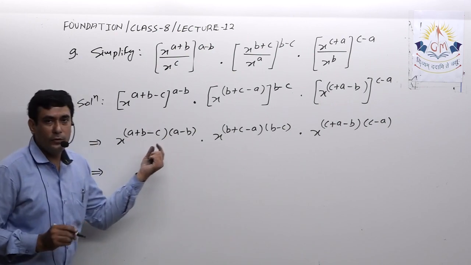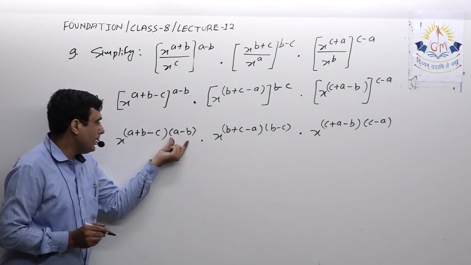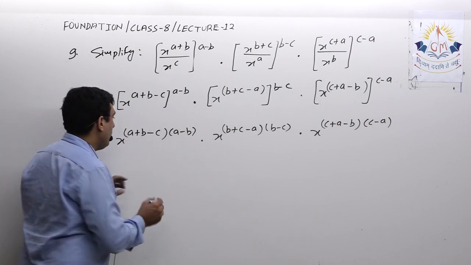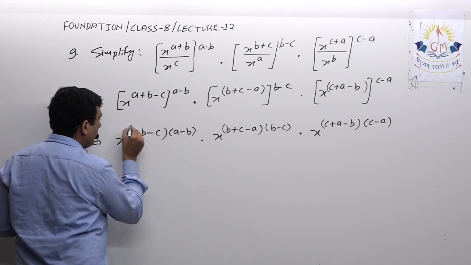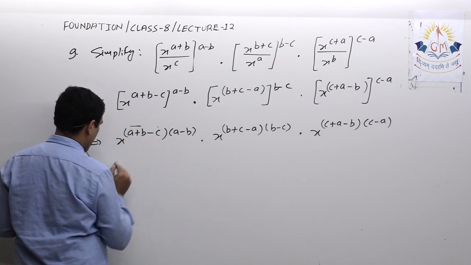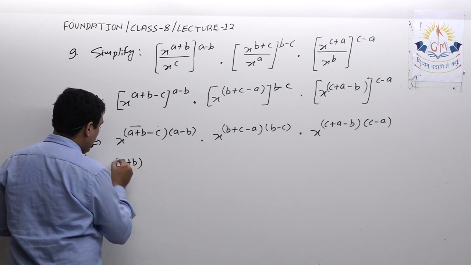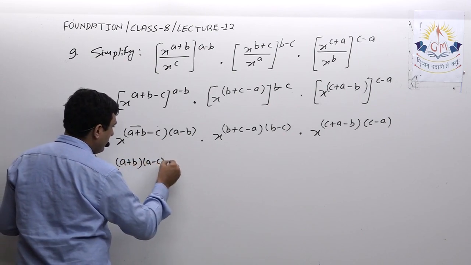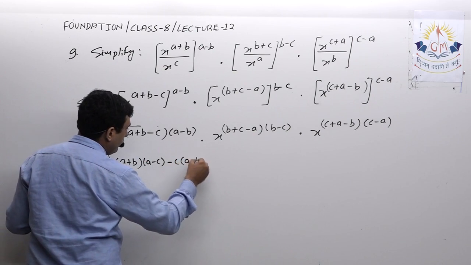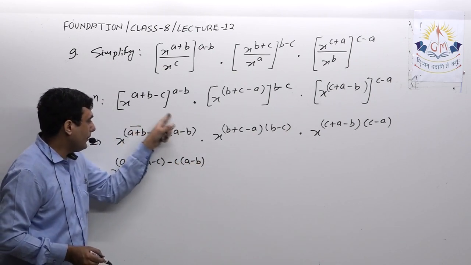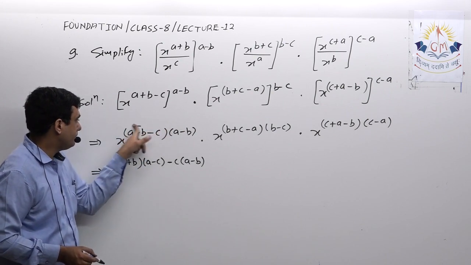See, actually what you have to do, you have to multiply this a minus b with all these three terms. So what I am doing, I am multiplying this a minus b with this and this. So I do write in this way, x raised to a plus b into a minus b minus c into a minus b. Okay, I took a minus b with this and I multiplied this a minus b with c.